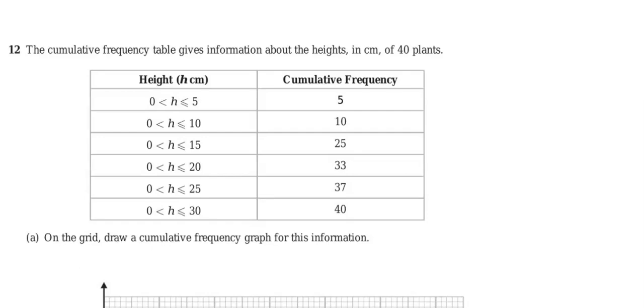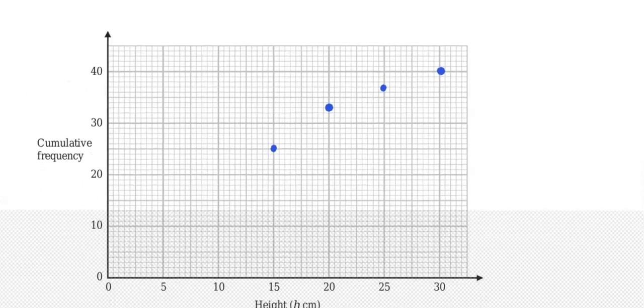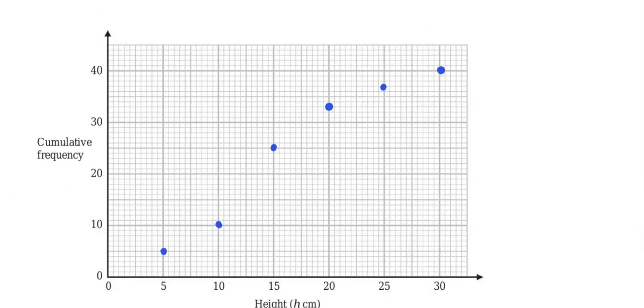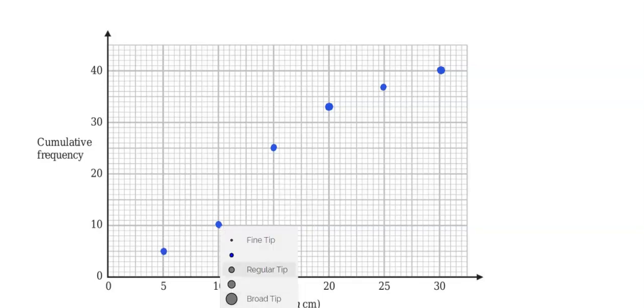And what I've done, I've put dots on the diagram in the place indicated by these numbers. You are supposed to draw a smooth curve through this.